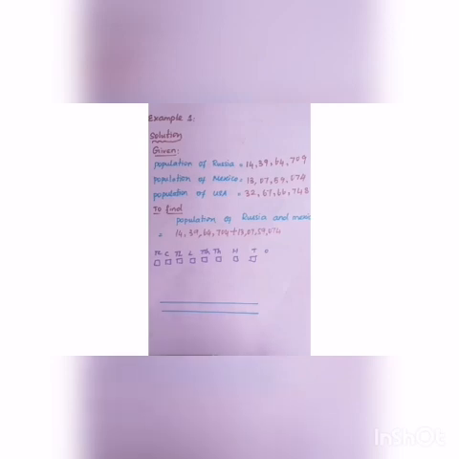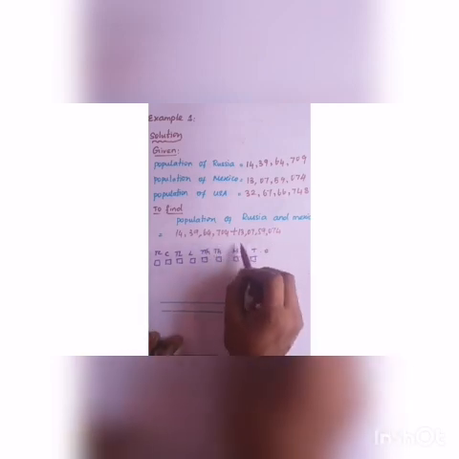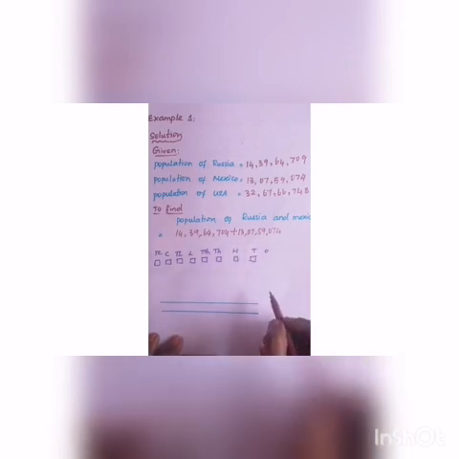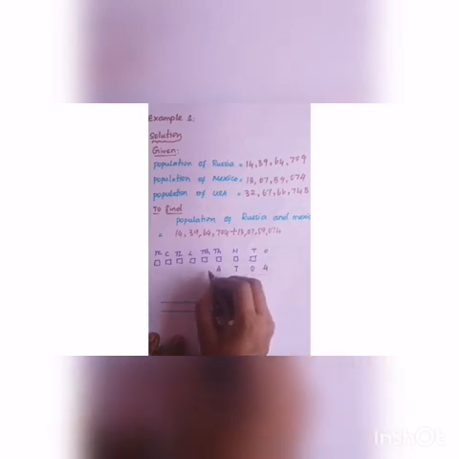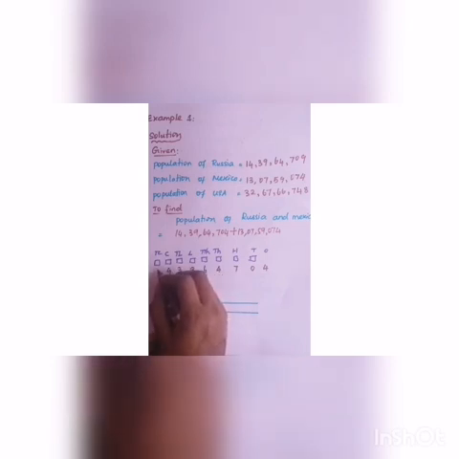Okay, here for all the numbers, first of all we have to write from where? From the ones place. So 4 0 7 4 6 9 3 4 1.